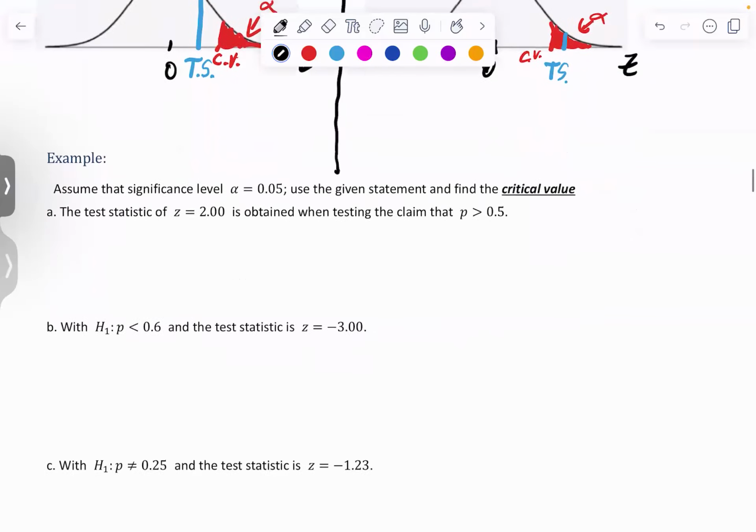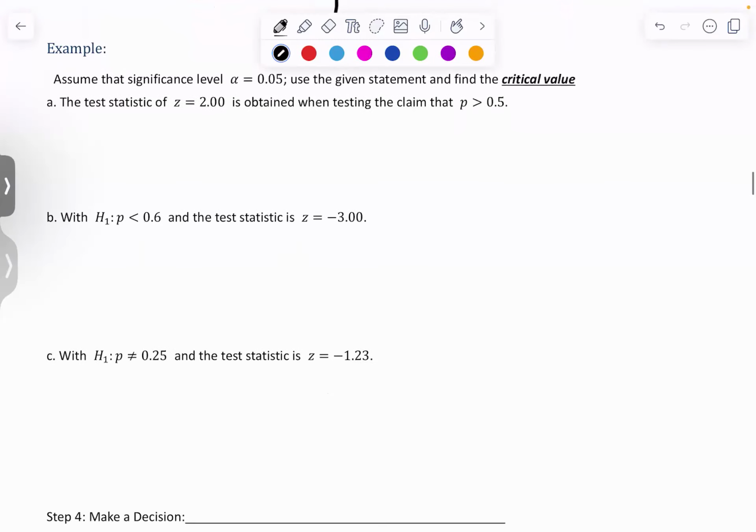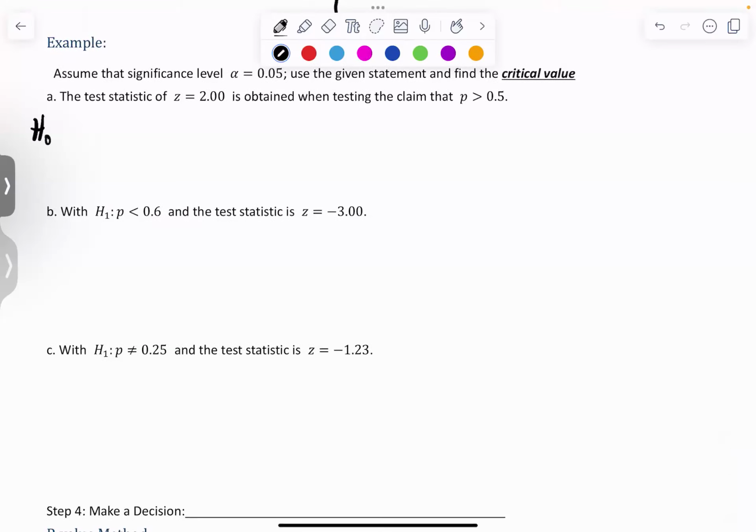All right. So for this example, we are given that alpha is 0.05, pardon me. So 5% is our alpha. And they say that our test statistic is equal to 2, and we're testing a claim here. So let's set this up properly. So H naught is going to be that P is equal to 0.5. The alternative is that P is bigger than 0.5.